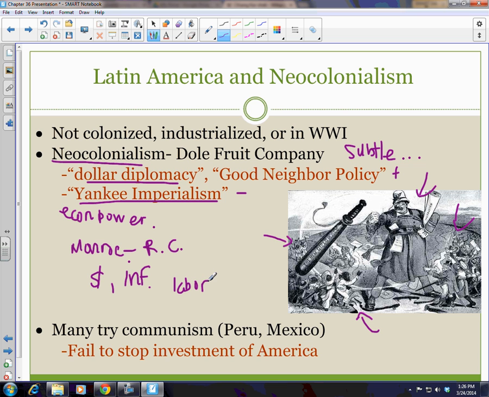There was really no investment in their infrastructure. For example, the railroad that goes to Machu Picchu is still British owned. And the Dole Fruit Company invested lots of money in transporting their fruit from place to place, but no investment in the countries where they worked as a whole.